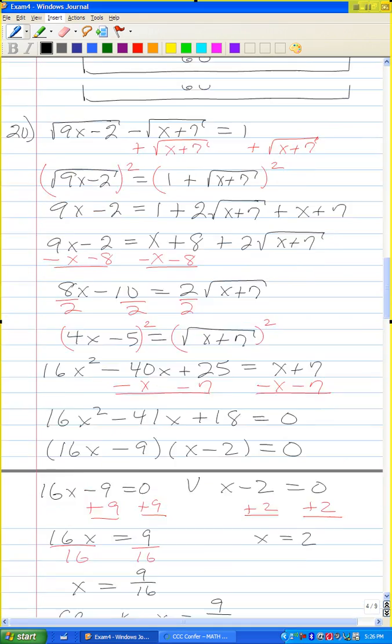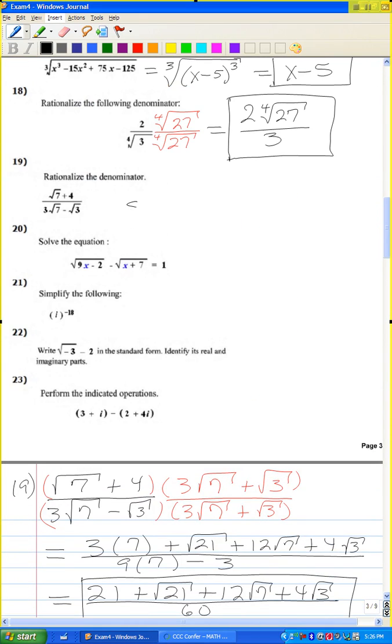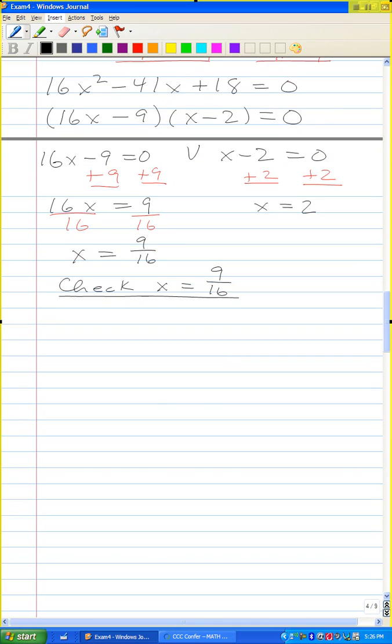So the square root of 9x minus 2 minus the square root of x plus 7. Is that equal to 1?